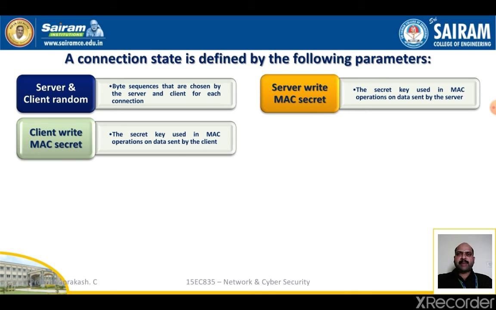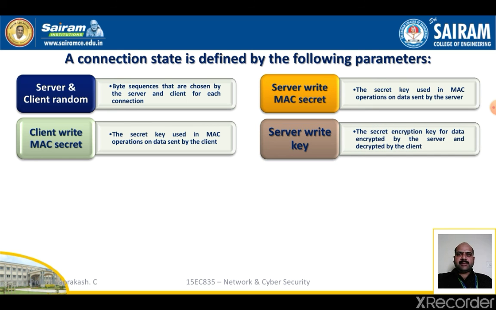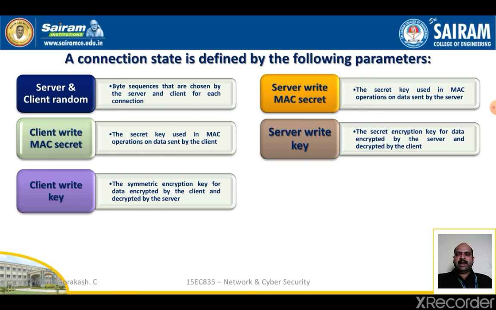The client write MAC secret is the secret key used in MAC operations on data sent by the client. The fourth one is the server write key, the secret encryption key for data encrypted by the server and decrypted by the client. The fifth one is the client write key, the symmetric encryption key for data encrypted by the client and decrypted by the server.